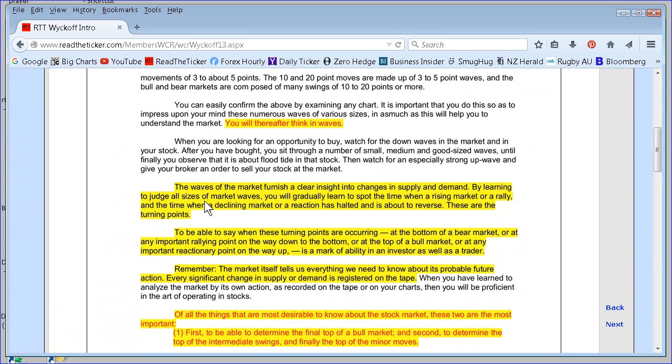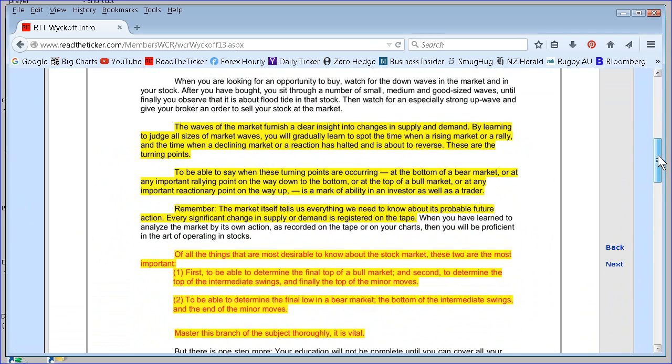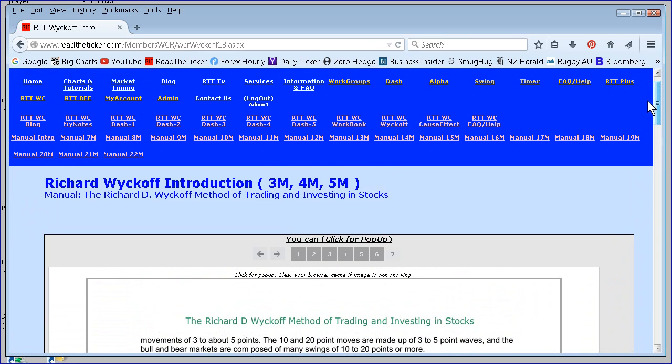By learning to judge all sizes of market waves, you will gradually learn to spot the time when a rising market or rally, and the time when the declining market or reaction, is halted and about to reverse. These are the turning points. I encourage all Wyckoff logic lovers of this type of methodology to read 3M, 4M and 5M of that publication.